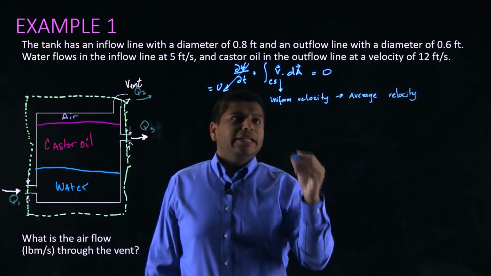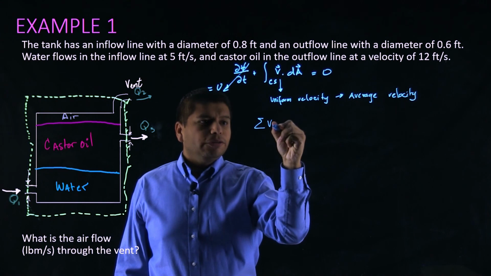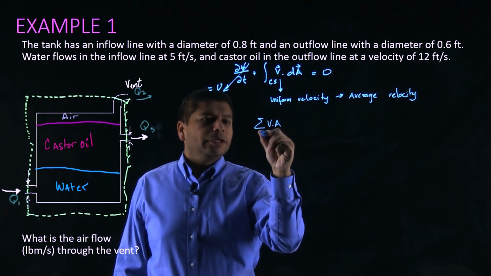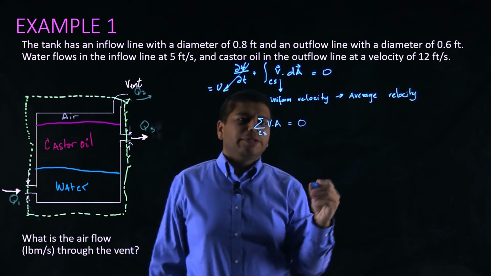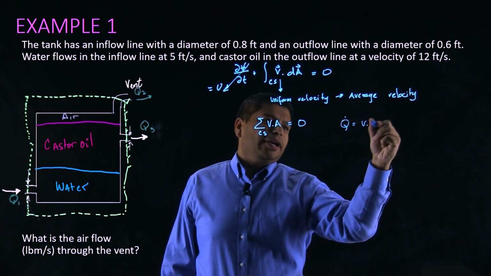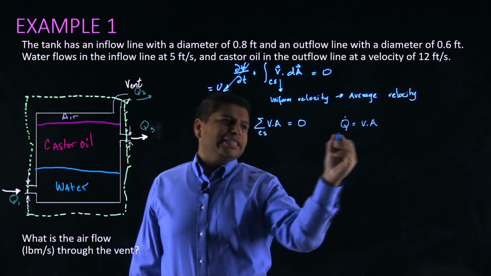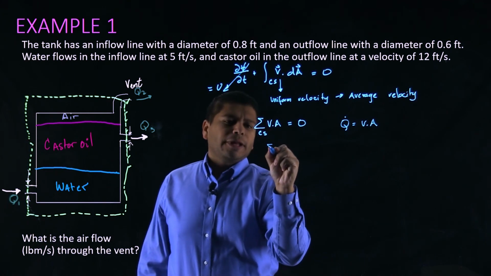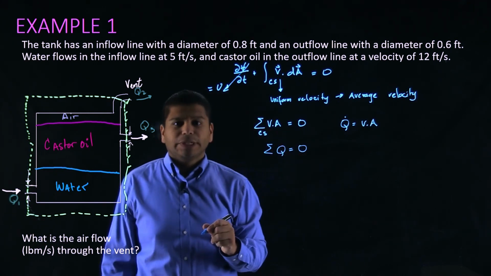And when we do that, the sum of velocity times area over the control surface will be equal to 0. And we know that volumetric flow rate is equal to velocity times area. So this is how we demonstrate that the sum of Q must equal 0 as well.